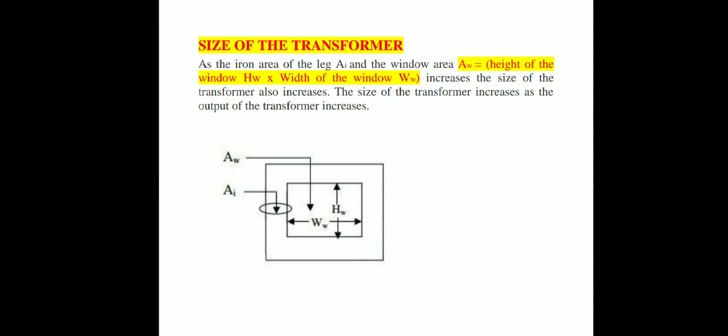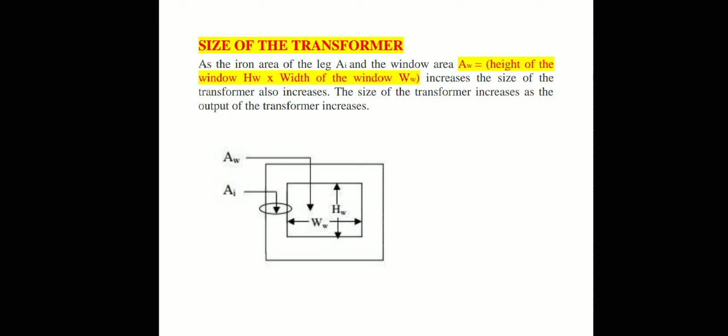You can see this core of the transformer, and I have indicated AW and AI. What is AI? AI is your area of cross section of the iron core. AW is your area of the window.